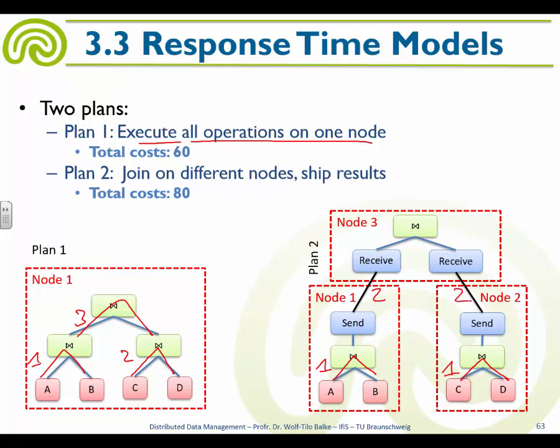Now I ship the data to a different node, and when the data has arrived, I will do the third join, right? Considering the costs, this is 20 again, this is 20 again, and this is also 20, but now come 10 for shipping here and 10 for shipping here. Okay, so 80. It's more expensive, right?